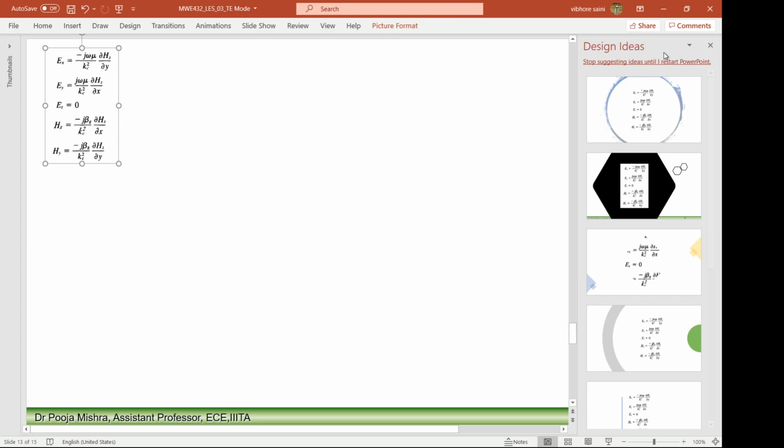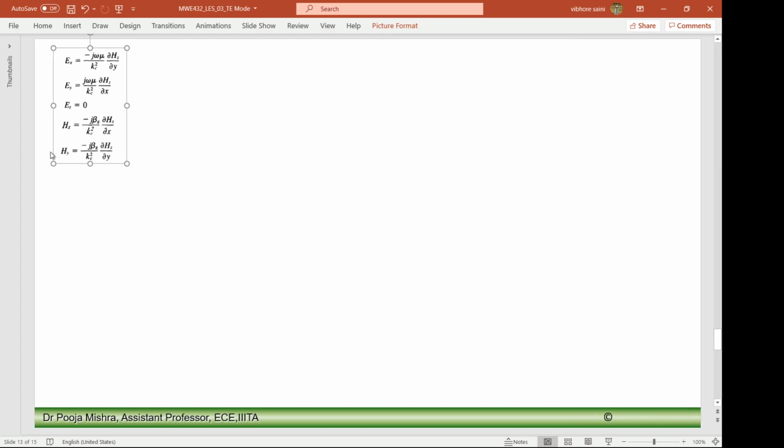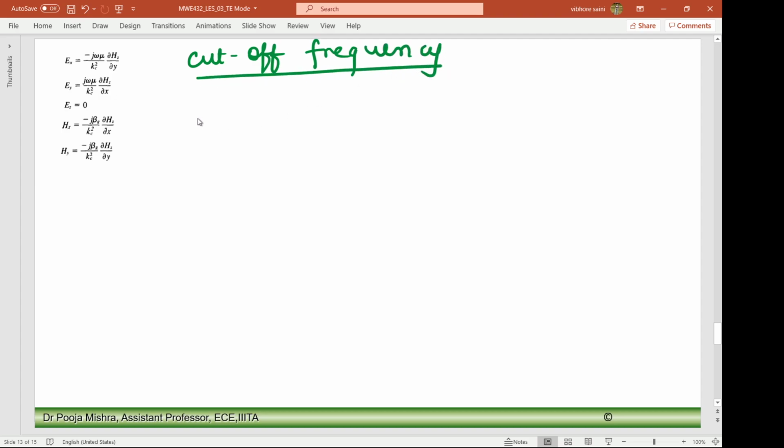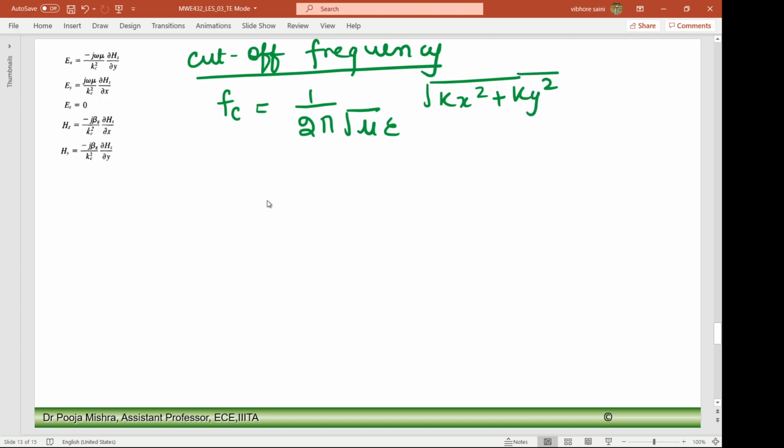So first definition is cutoff frequency. Cutoff frequency we already determined. Fc is equal to 1 by 2 pi under root mu epsilon, under root kx square plus ky square, when we were solving for psi.